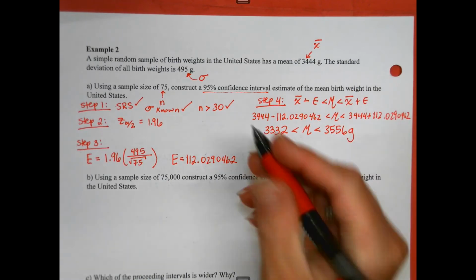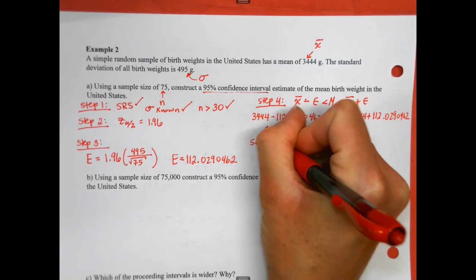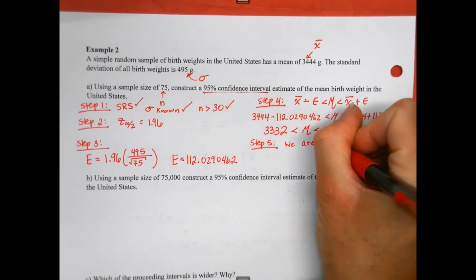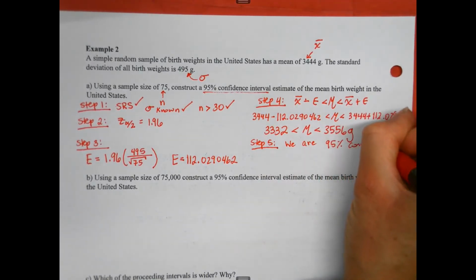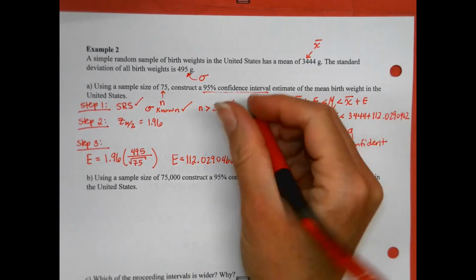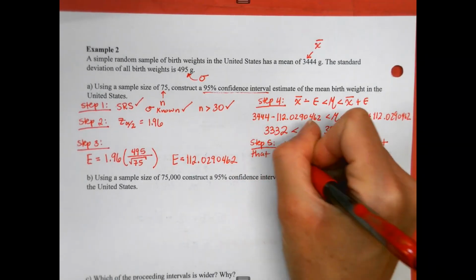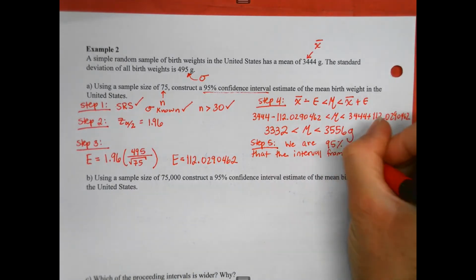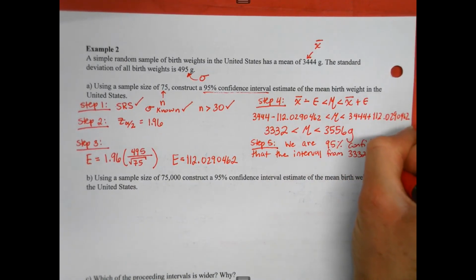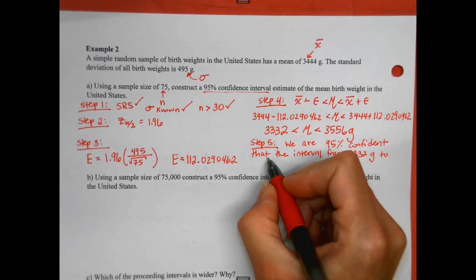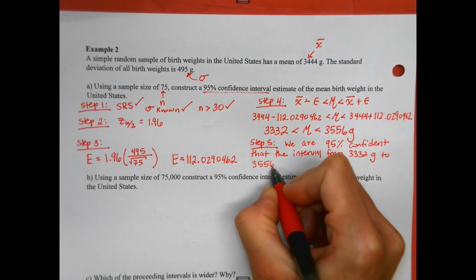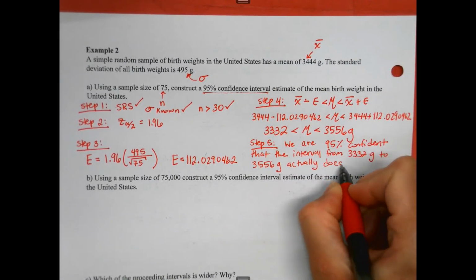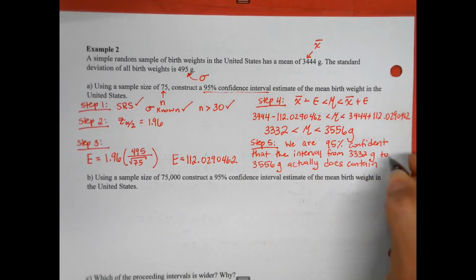And then the last thing we have to do is state our findings. So we are 95% confident that the interval from 3,332 grams to 3,556 grams actually does contain the true population mean.